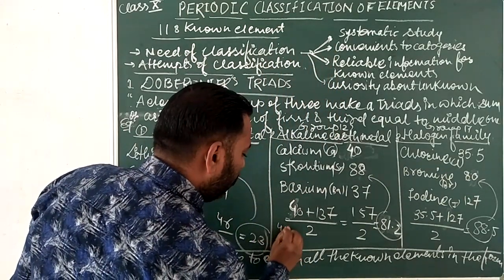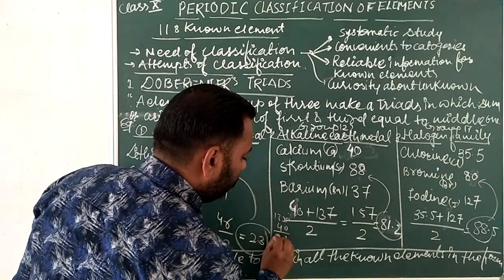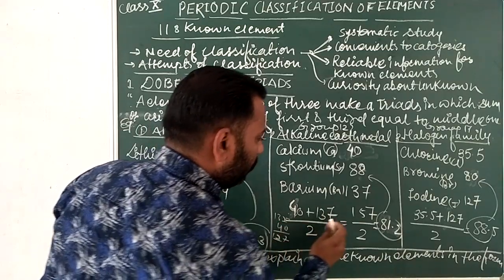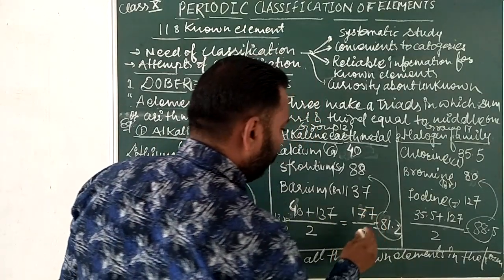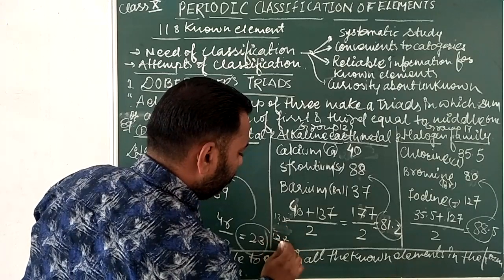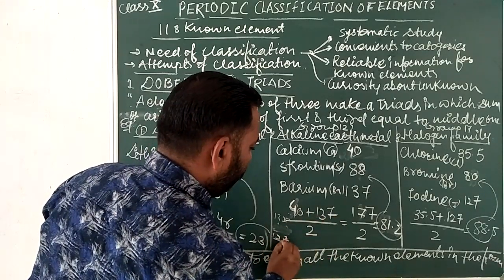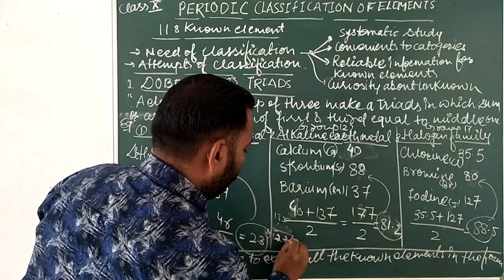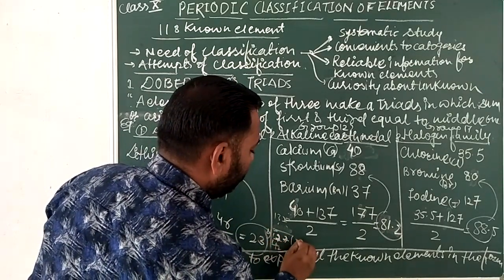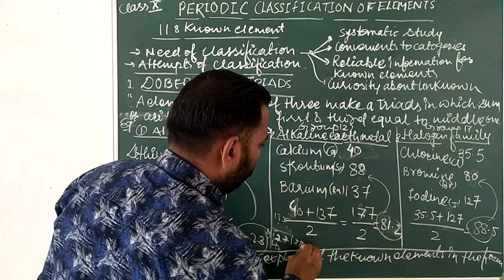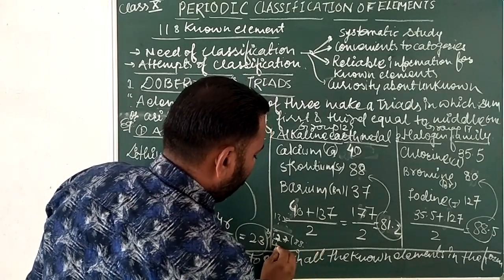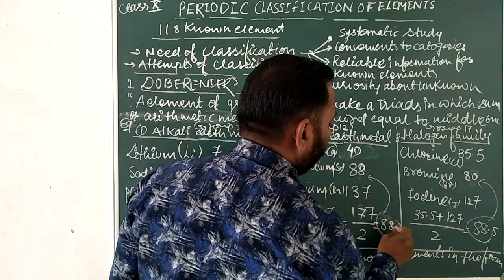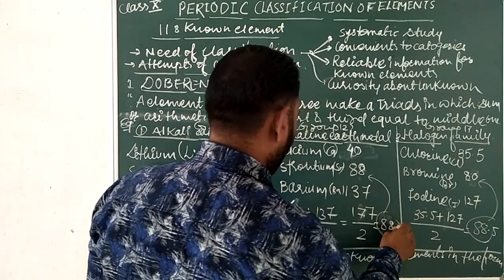Okay, once again I can add and see 177. So 40 and 137, that is 177, then half of it will come 88 point something. Maybe 88.5 or like that.